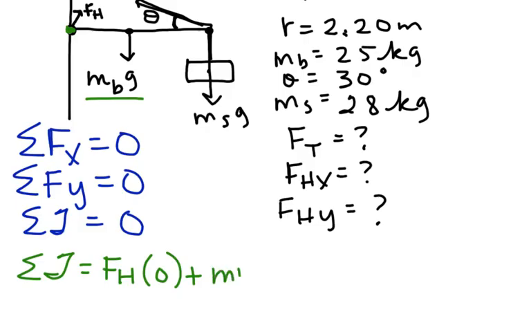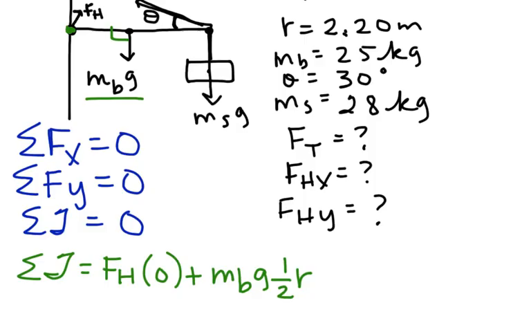So that's going to be M sub B G. And what is the perpendicular distance away from that? Well, that's going to be half the length of the beam. So that's going to be what I'm calling 1/2 the length of R, which I have in the given.